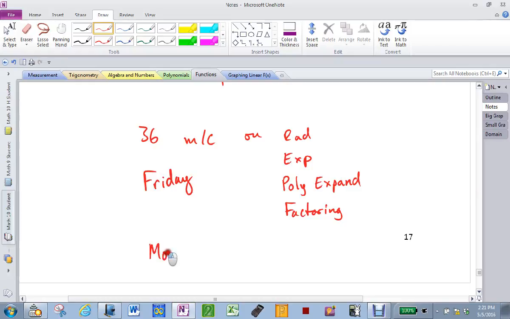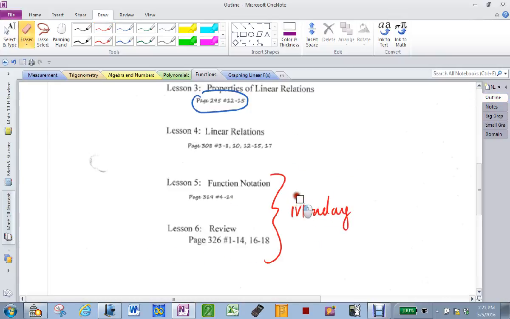On Monday, you're going to do the written part on all of this. So Monday we have a test involved. Monday you have the written part of your cumulative. So really, all of this work is not due until Tuesday.